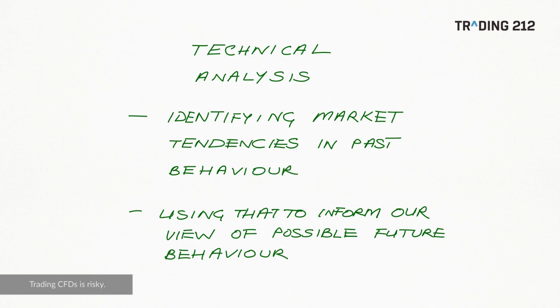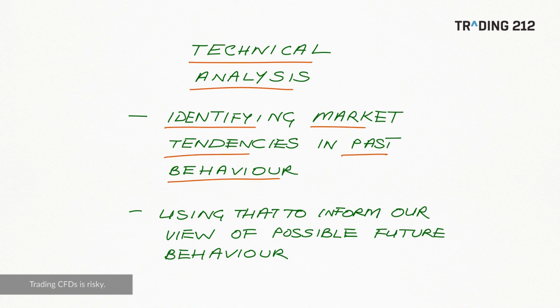For this, we need to cast our mind back to where we started, to the most basic definition of what constitutes technical analysis. So let's quickly refresh our memory of that. And so the key idea of technical analysis, the core of technical analysis, is identifying market tendencies in past behavior and using that to inform our view of possible future behavior. So what are we talking about here?